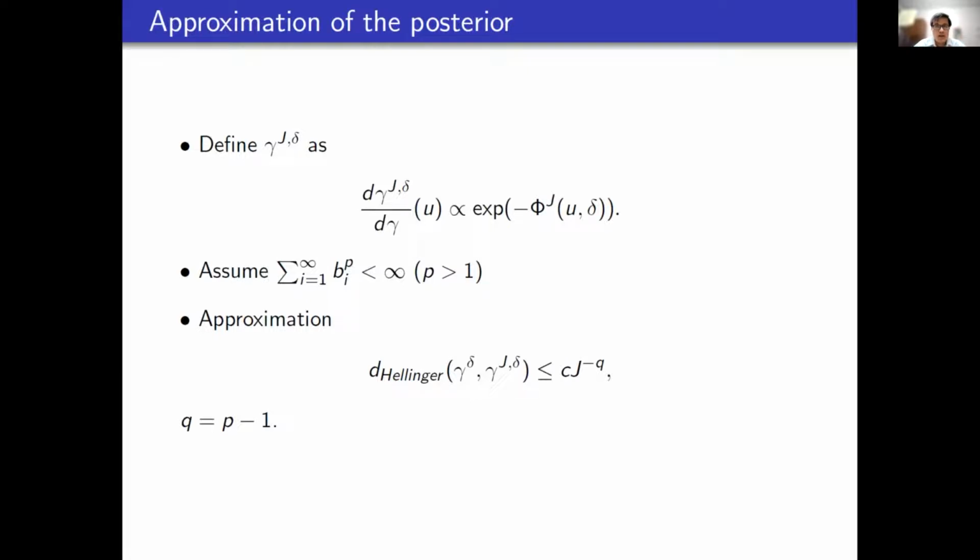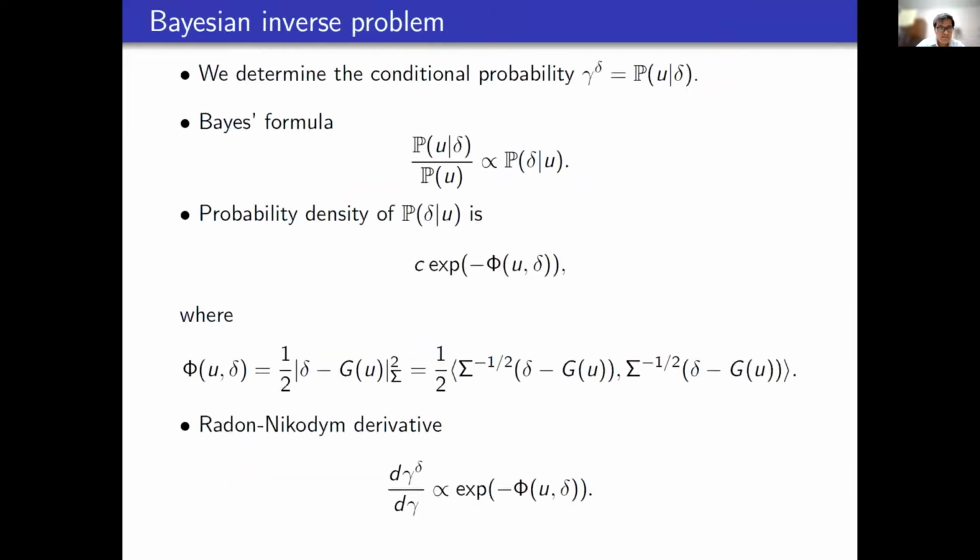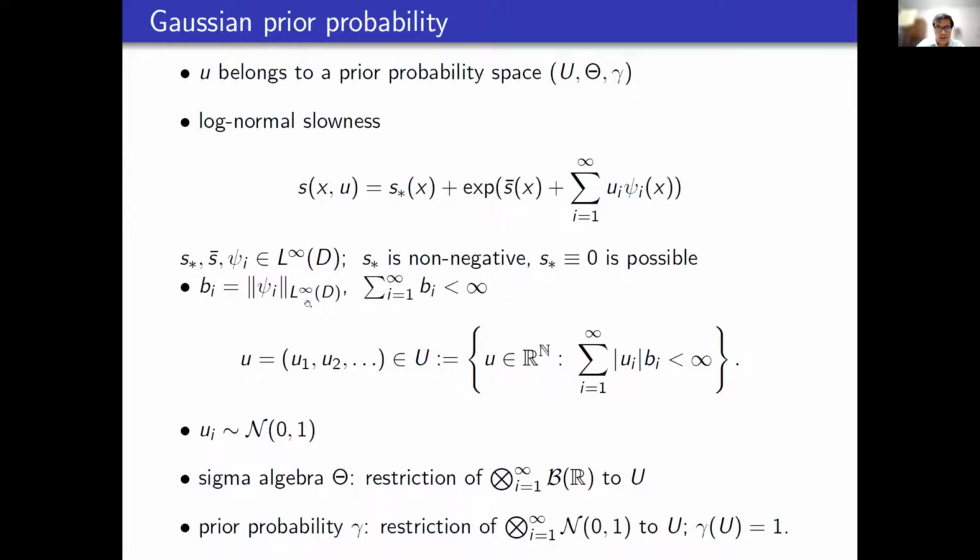And we can show that if the sup norm of the functions c_i in the slowness are p-summable, that is when the summation of all of b_i raised to the power p is finite and p is bigger than 1, where b_i here we just define as the L infinity norm of the function c_i, we can show it also using the variational form of the solution of the forward equation.